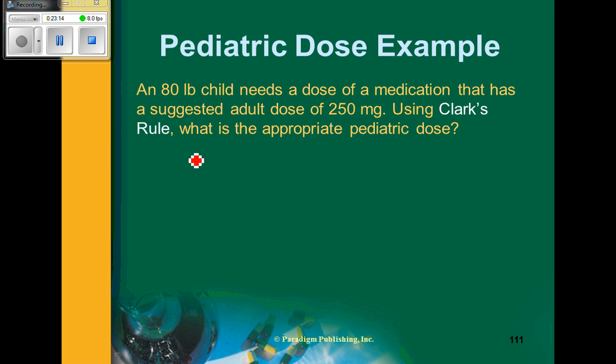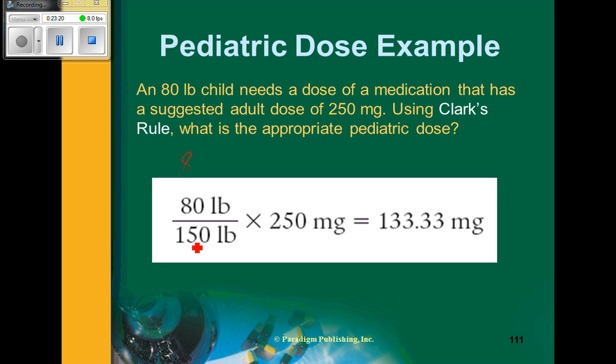So you have 80 pounds of the patient, then you're going to divide it by 150, and then the adult dose is 250 milligrams, and it equals 133.33. So you always want to do your division first, then you times that by 250, and it will equal 133.33 milligrams.